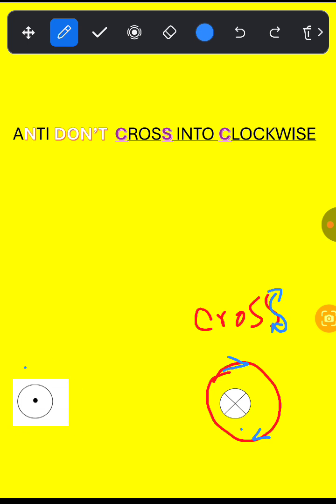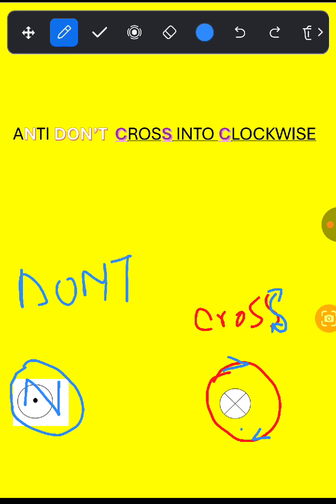I'm not able to really do it right there. Draw a circle. Then for a dot, we use N. So we're going up this side. We are going up.